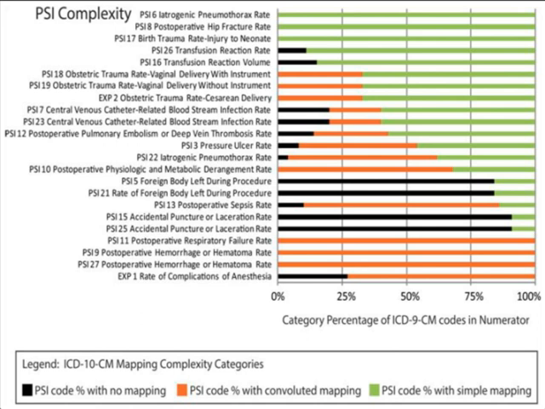So when there is actually no mapping provided by the government and they're part of the PSI, that's what no mapping means. And then when you look all the way down at the bottom, the most complex is the rate of complications for anesthesia. 25% of those codes in the numerator don't map forward, and the rest of them are really, really complex.